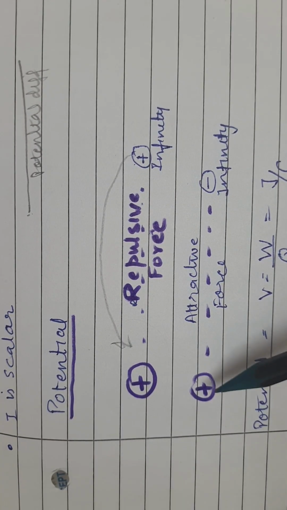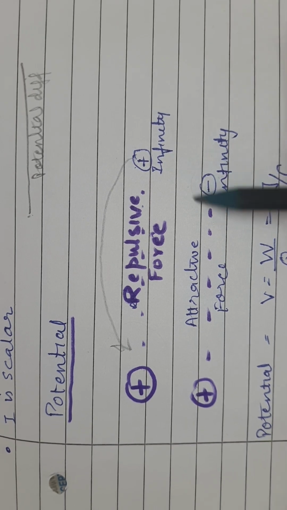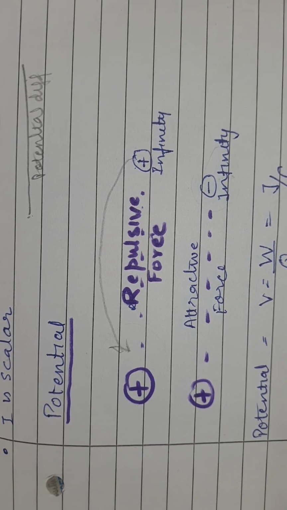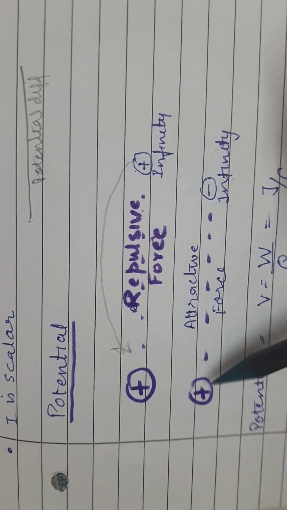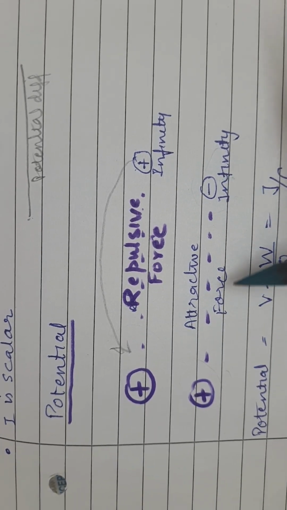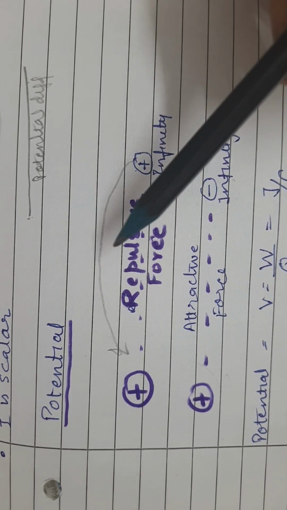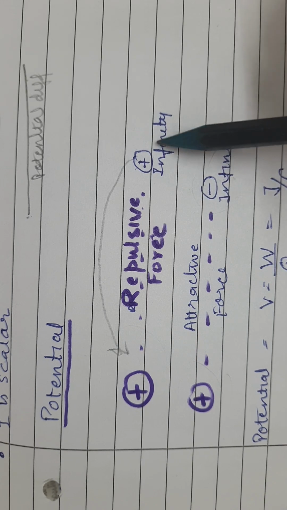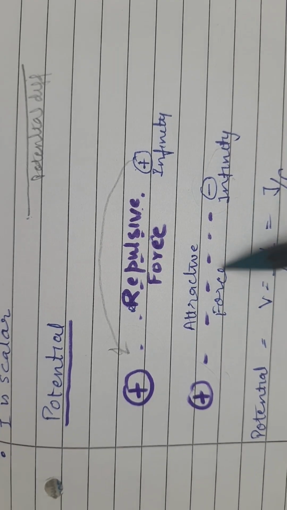Similarly, suppose you have a positive charge again and you want to bring a negative charge from a very far distance, infinity meaning a far distance, to this nearby positive charge. Because of their opposite nature, of course it would be attracted, so work would be done by the attractive force. In both cases, whether you bring a positive near a positive or a negative near a positive, work is done.